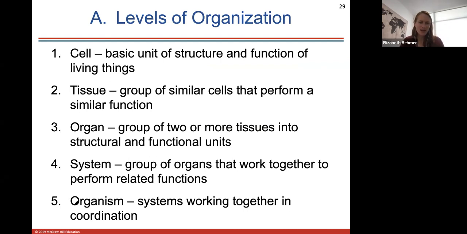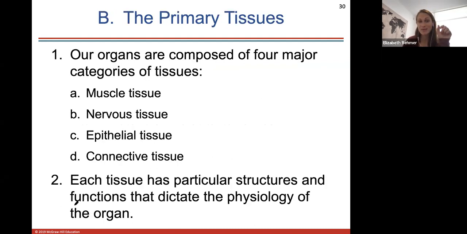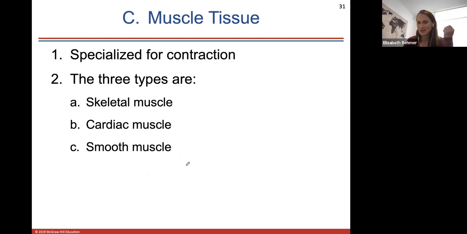A lot of probably the next 15 slides I'm going to skip, but you are responsible for them, especially understanding the 4 major tissue types in the body and how each tissue has a particular function that will dictate the physiology of the organ. You should know the 3 different types of muscle tissue and how they're specialized for contraction.